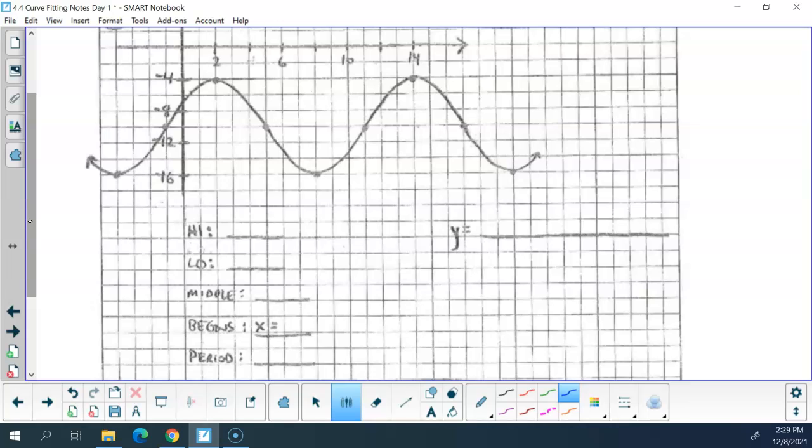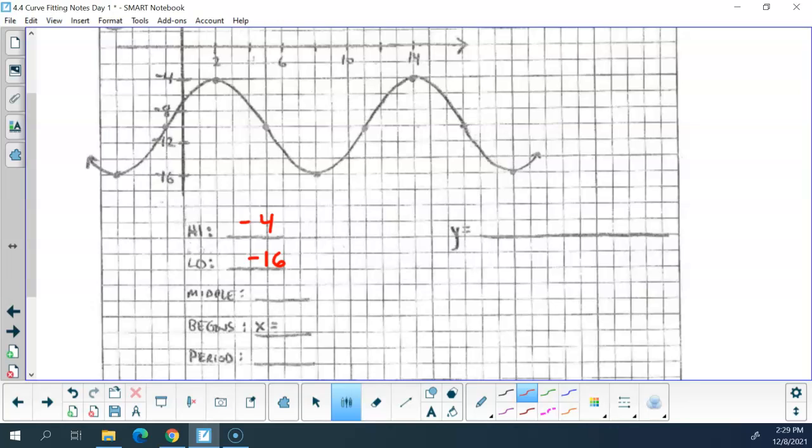Okay? So what's the high of this first graph, which is the same as your first graph? Negative 4. We agree negative 4 is the high. So then what's my low? Negative 16. Okay. So then what's the middle? If negative 4 is my high, negative 16 is my low, negative 10? Negative 10.